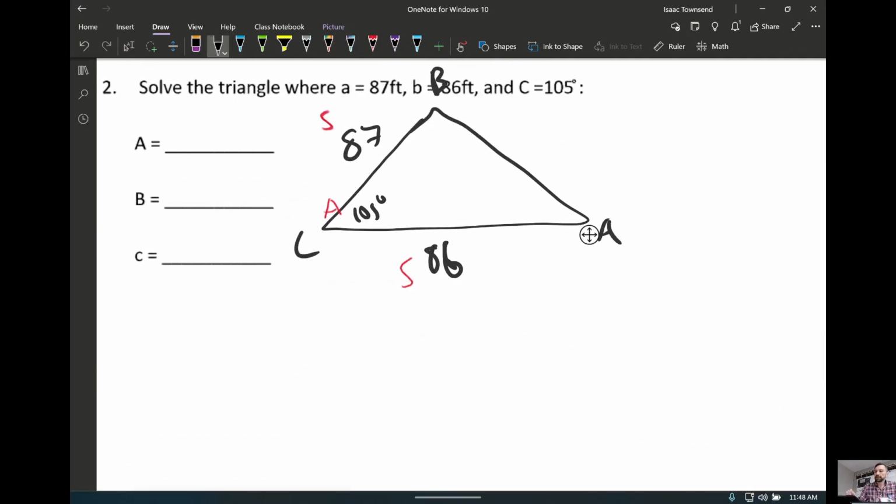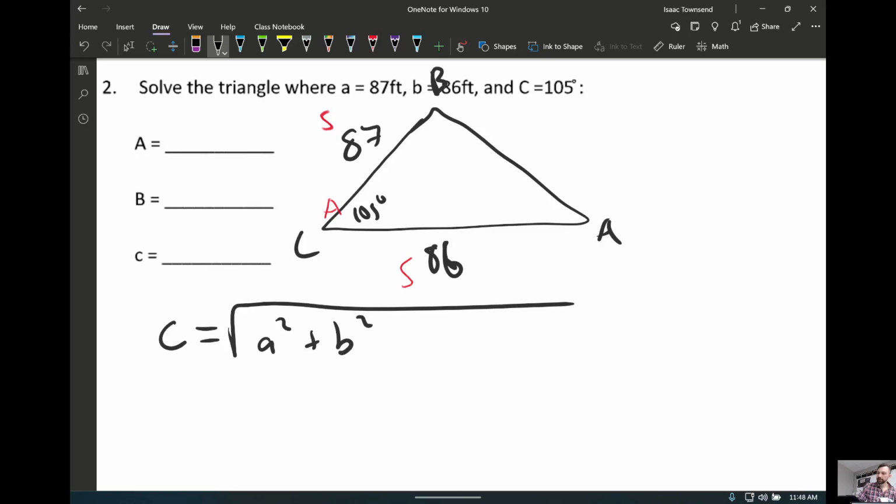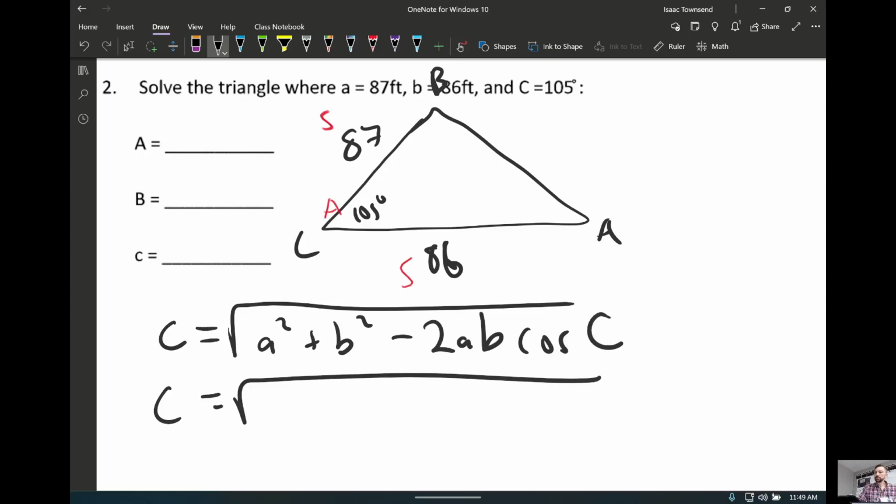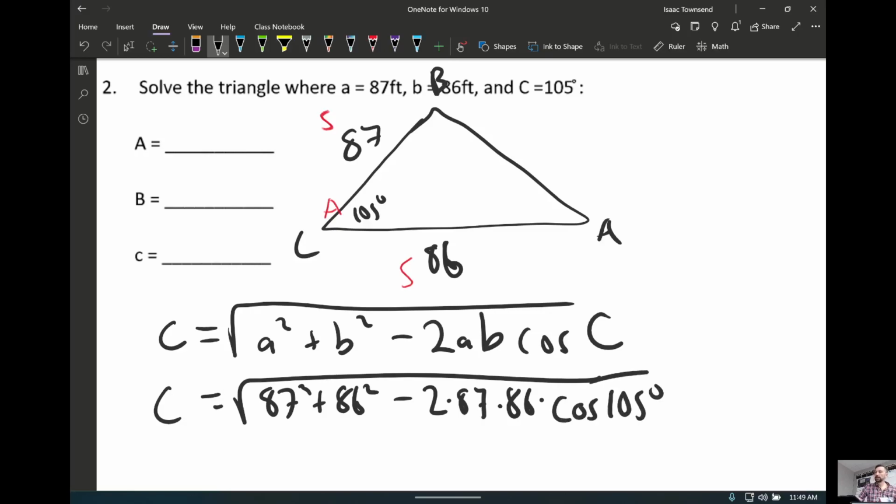So that one says you could find a side length. So c squared would be equal to a squared plus b squared minus 2ab cosine of angle C. And then you just plug in A where it's supposed to go, plug in 86 for B, plug in A a second time and B a second time, and then plug in the angle opposite the side you're trying to find.